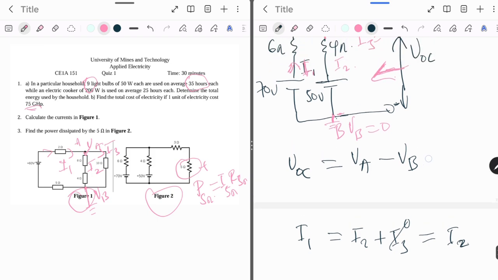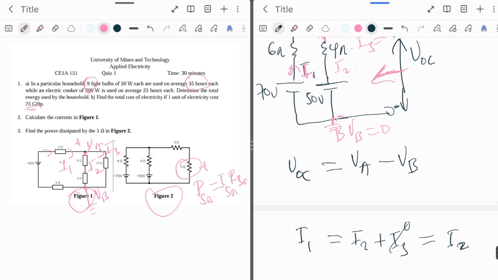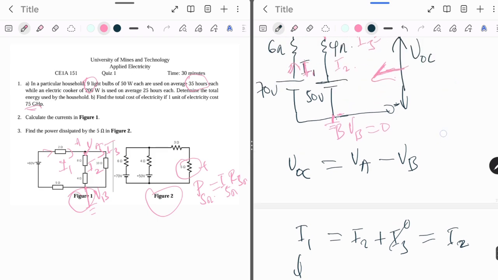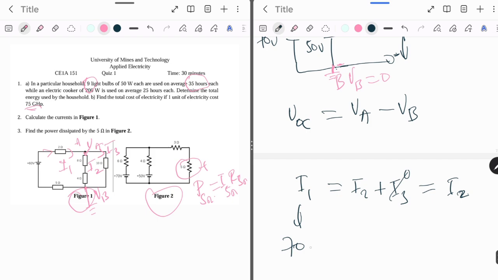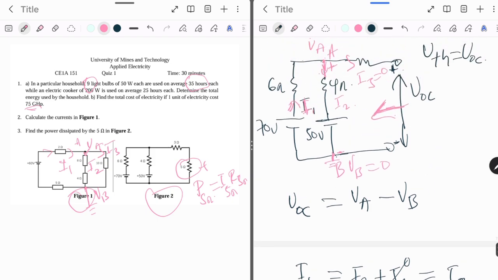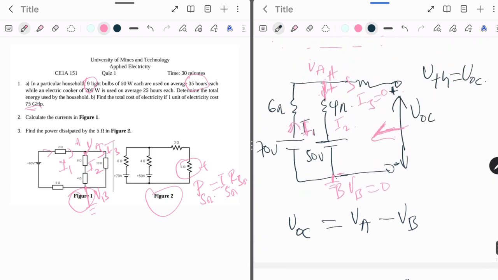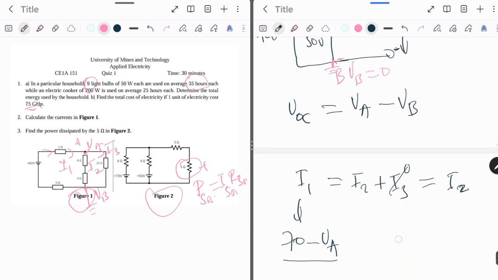So now I can write I1 in terms of voltage, meaning VA, and the resistors in the first branch. I1 will be equal to, starting from 70, it arrives at VA, so I have 70 minus VA, all over the resistors in that branch. We have only 6 ohms here.